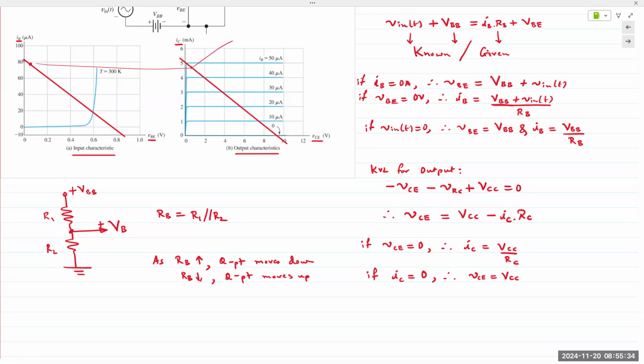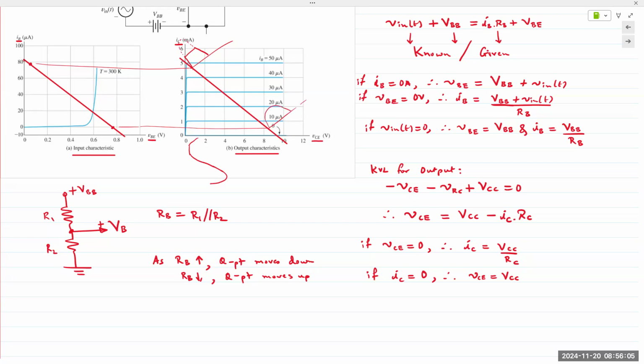If you now apply your input, the top of the output gets chopped off, the negative cycle gets chopped off. And if the Q point is somewhere down here, then the opposite happens.